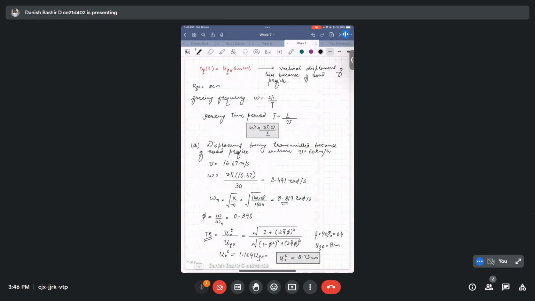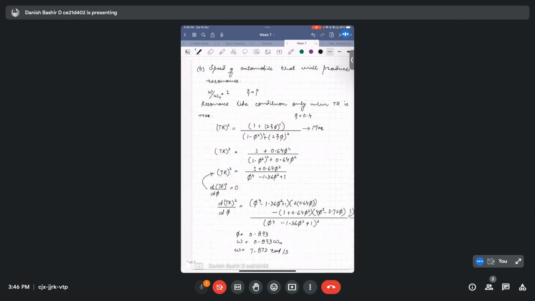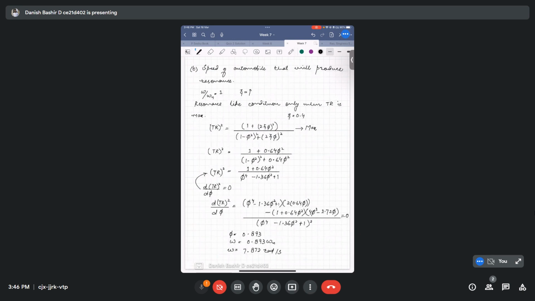To have this omega of 7.872, what will be our speed here? We have omega, we have L, we have 2 pi. So we can write V equal to omega L by 2 pi.